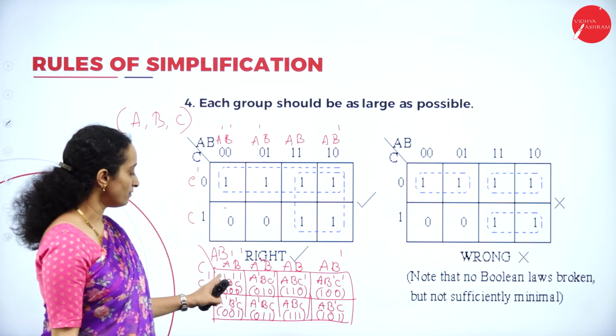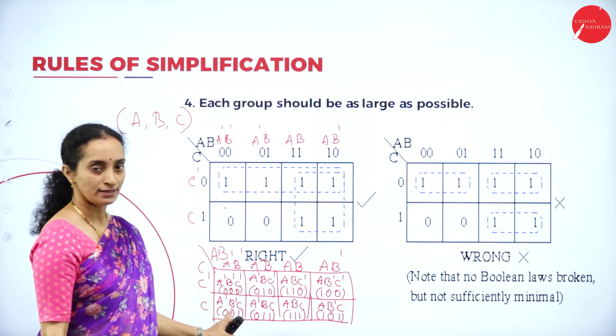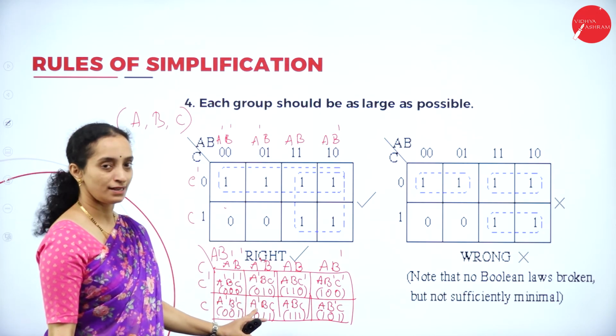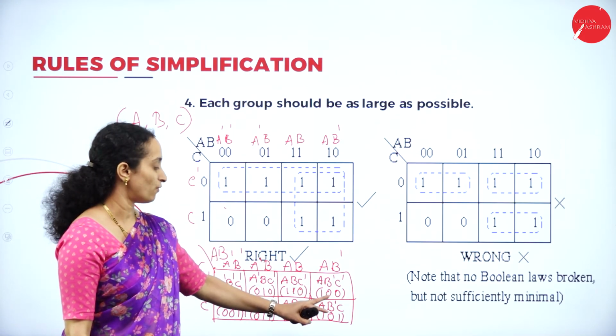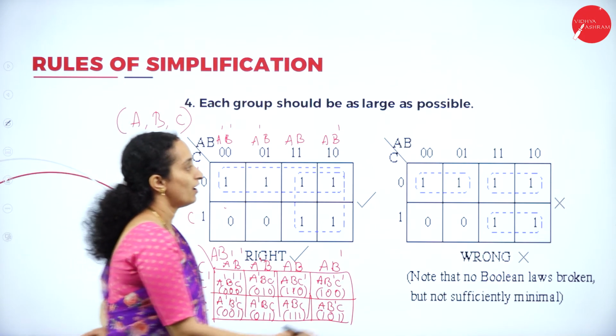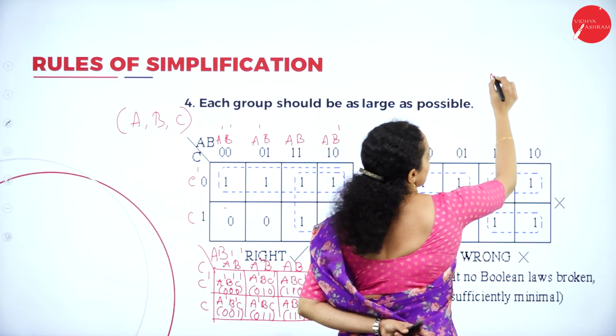Alright, here we have 0, 1, 2, 3, 6, 7, 4 and 5. How do you represent the table?